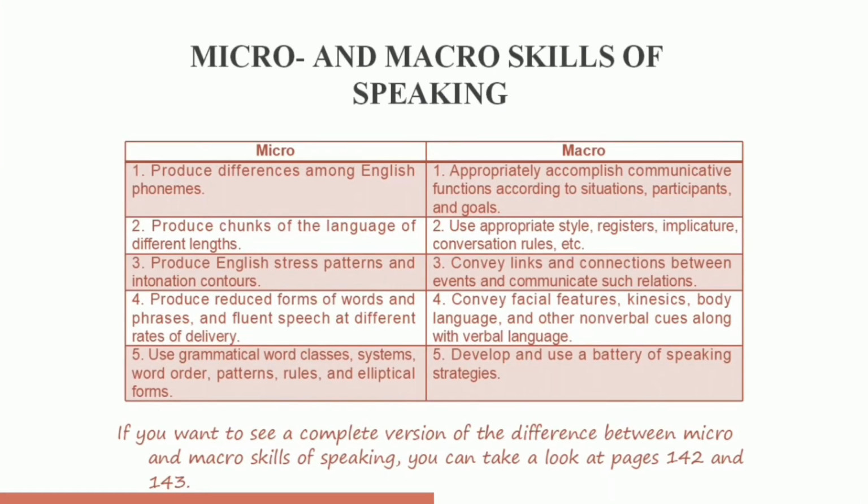Next is micro and macro skills of speaking. You can take a look at the table. In micro skills, first, produce differences among English phonemes, or difference in pronunciation and meaning. Second is, produce chunks of the language of different lengths.